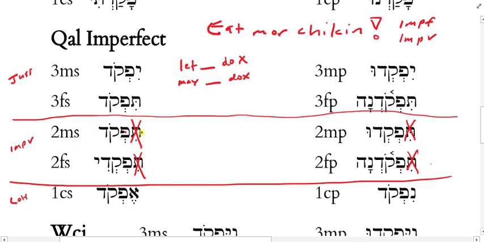So that means visit. The Chick-fil-A cows say visit. Visit Chick-fil-A. Pekod. For the imperative 2fs, once I chop off the head, I'm left with a pe with a shva under it. It was a silent shva, but look, it's now at the beginning of the word. It's vocal.